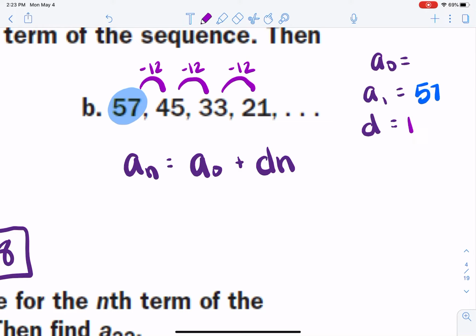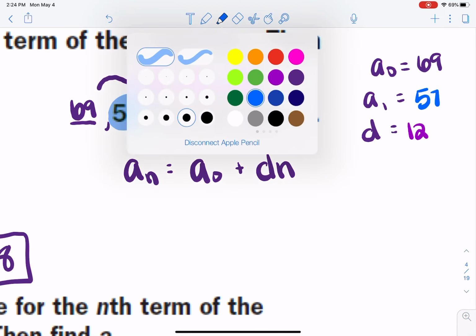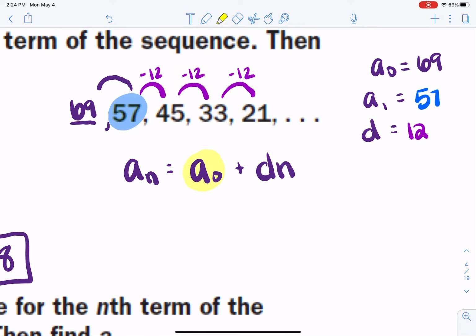So that's 12. But now, let's think here. What would have come before 57? We just have to go backwards. If I took 57 plus 12, this term here would have been 69. So that's our a sub 0. Now we're going to plug in our a sub 0 and the common difference.